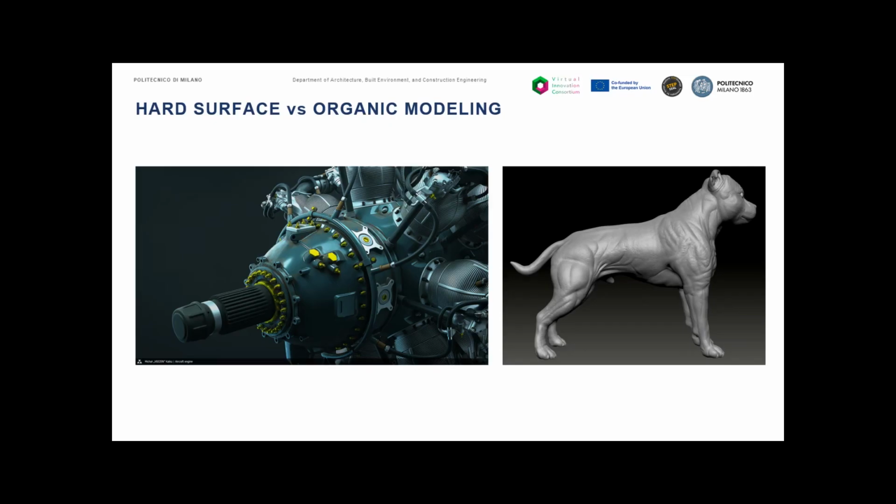Instead, the dog on the right side shows organic work. You can see subtle volume variation across muscle groups, biological asymmetry, and, standing very still, you can see the tension of its living tissues.